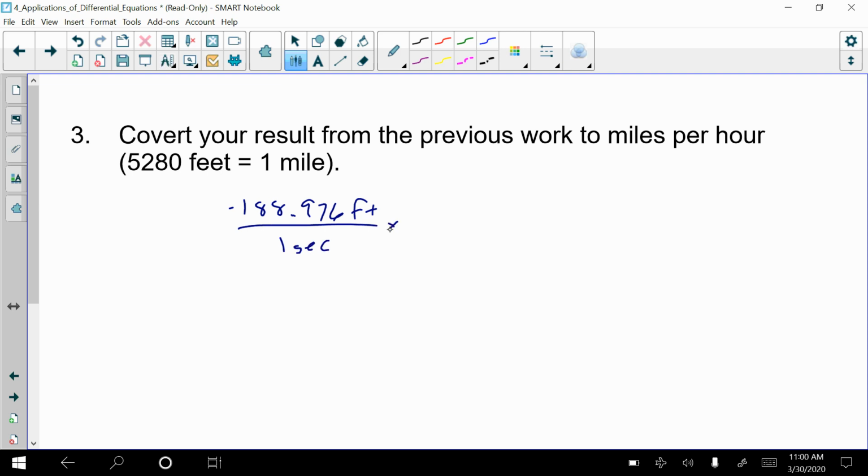We're going to multiply that by 3,600 seconds for 1 hour. And we need to convert the feet into miles. In 1 mile, there are 5,280 feet.